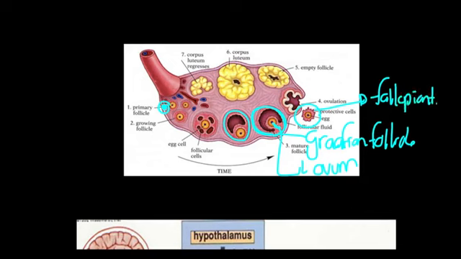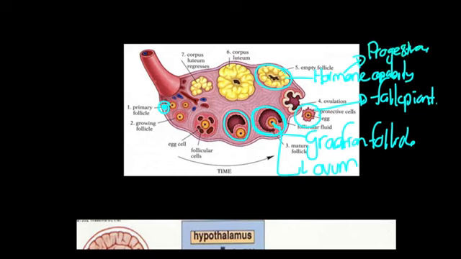But when it leaves, it leaves behind a structure that has hormone capabilities. What do we mean? Quite simply, it's going to produce a hormone called progesterone.